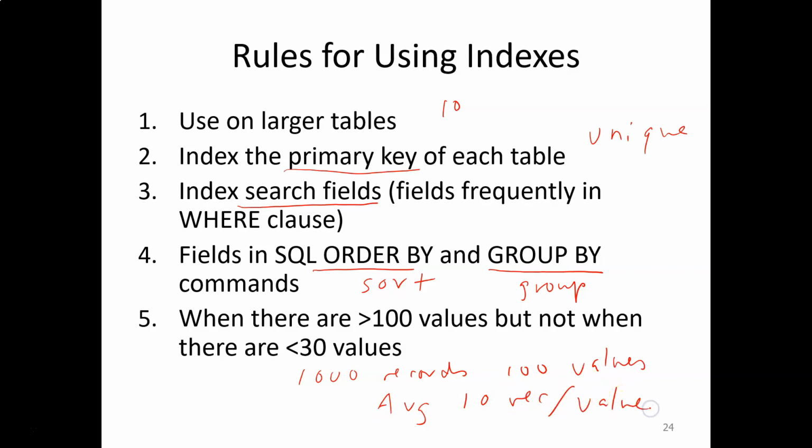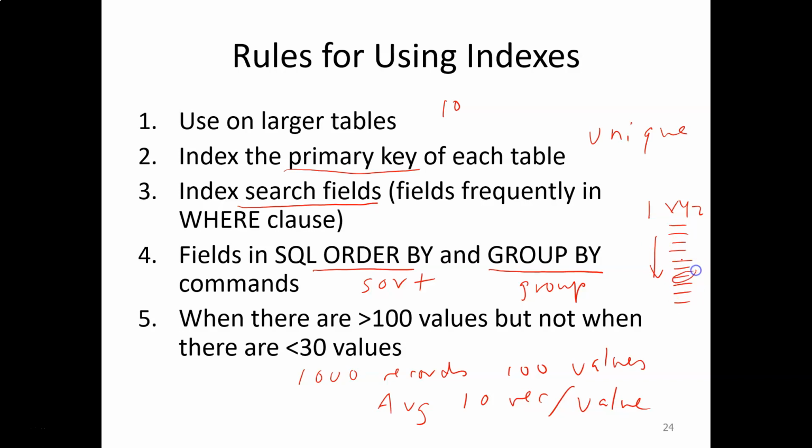One is the value of the index, the other is the location of the record. In this case, if you have 1,000 records and 100 different values, on average you have 10 records for each value. Let's say value 1, okay, location is XYZ. And then you go to the location XYZ on the hard drive, and you will find that there are 10 records because all of them have the same value. What you do is you go sequentially through these 10 records and find the record you are looking for.